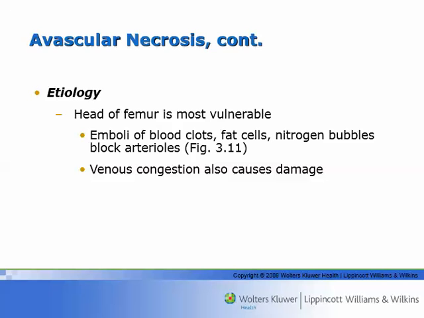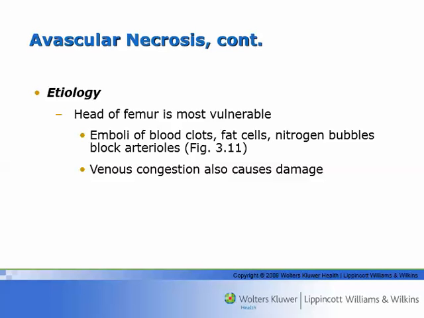Other places that it happens are the scaphoid or the talus, the proximal humerus around the shoulders, and the tibial plateau. Mostly it's because of the structure of the blood supply in those. The scaphoid is a particularly nasty one because the nutrient artery enters from one end of the scaphoid and has to cross the entire scaphoid.